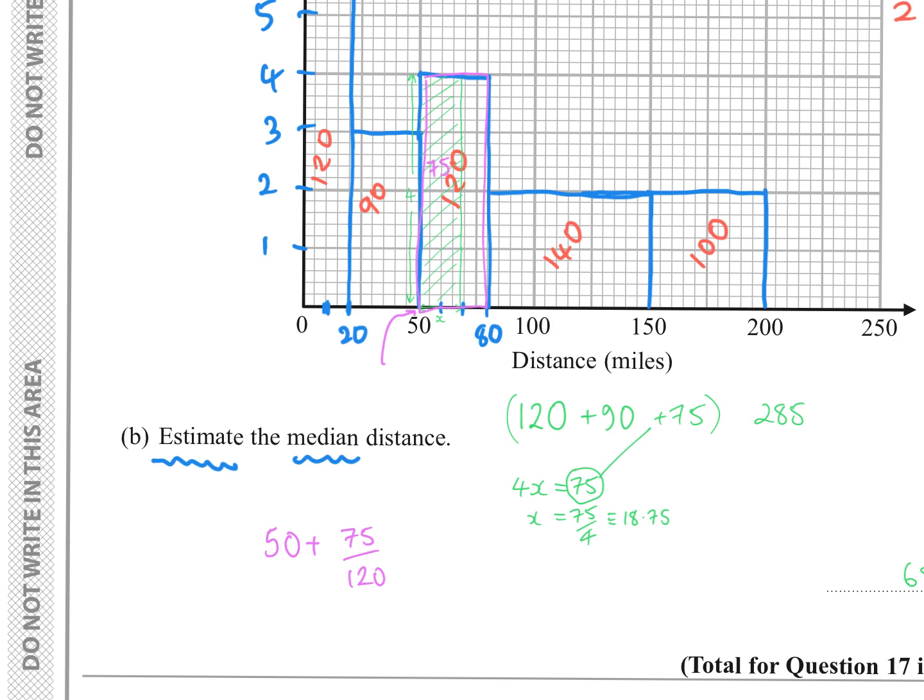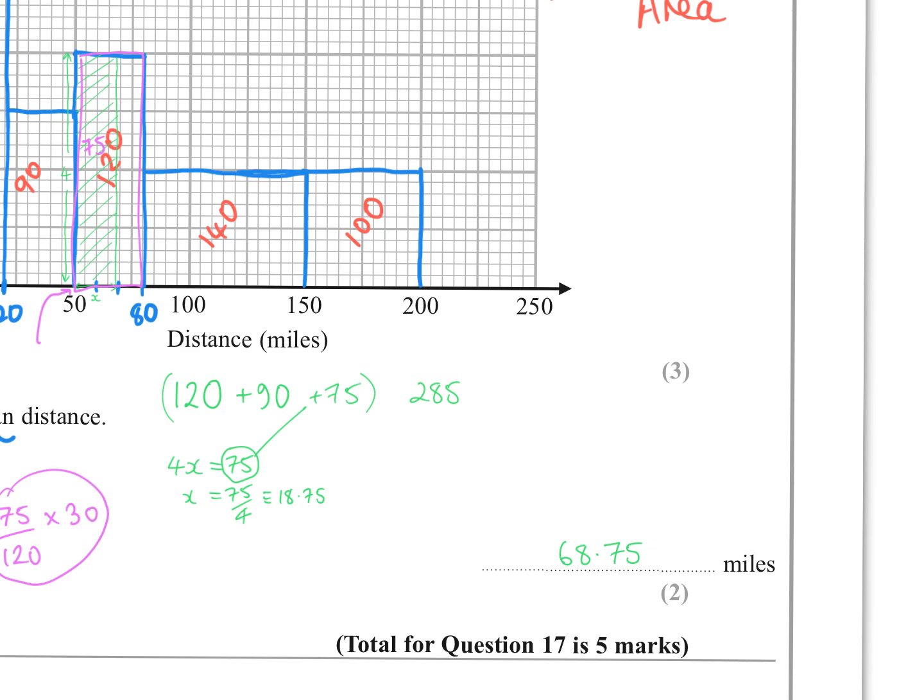So that's 75 120ths of that class interval, and that class interval goes from 50 to 80, which is 30. So let's do this part and then just add the 50 on. We'll do 75 divided by 120 and then times by 30. Well, that also gives us 18.75. Add that to 50, you're going to get the same answer, which is 68.75 again. So I hope one of those methods works for you anyway.